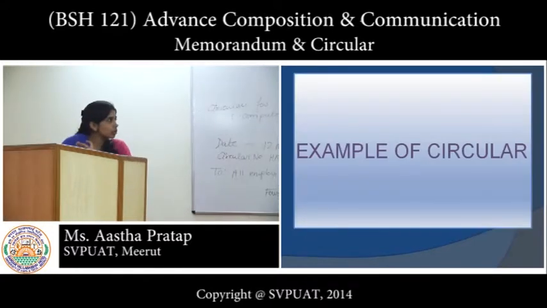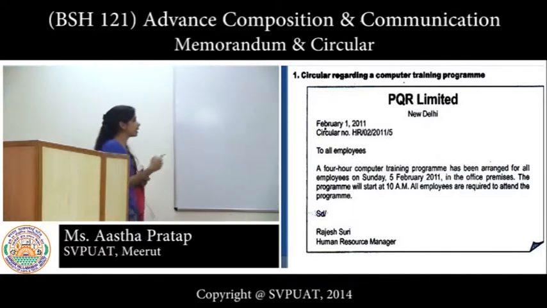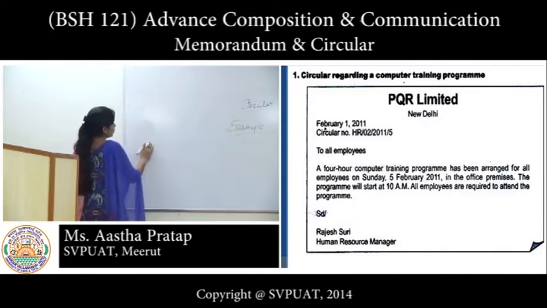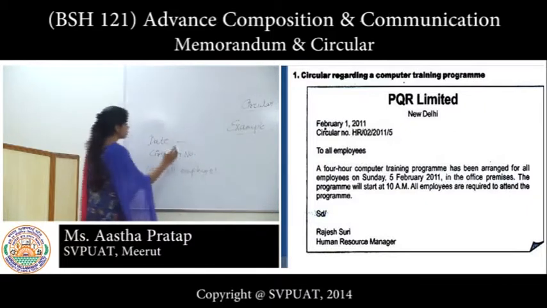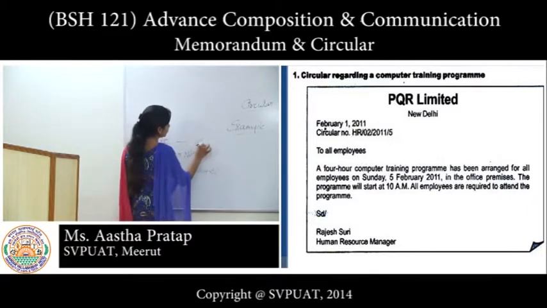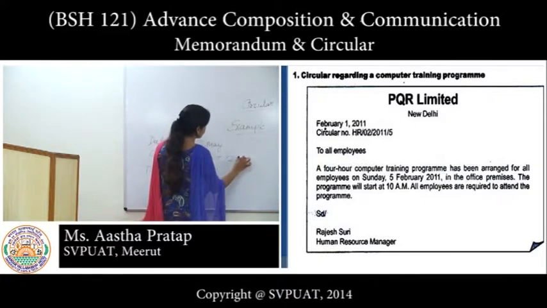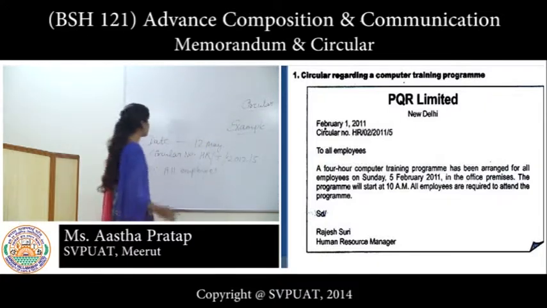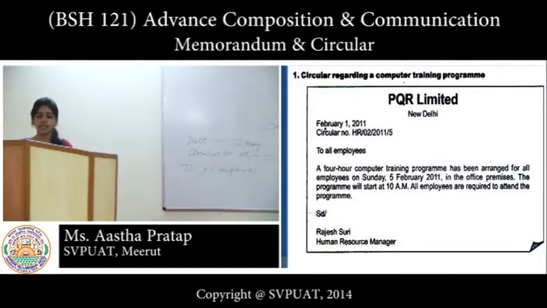Now there is an example of a circular, through which we can easily understand what a circular is. In the example, we have to mention the same things: the date, then the circular number, then the recipients, to whom we are circulating this circular.